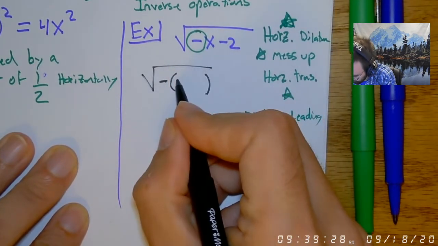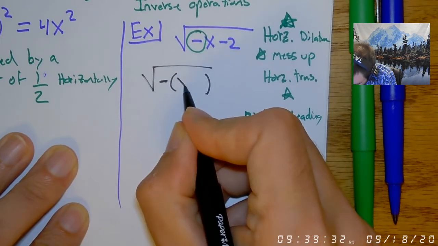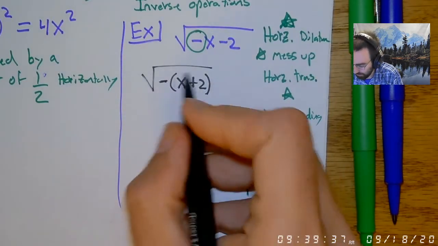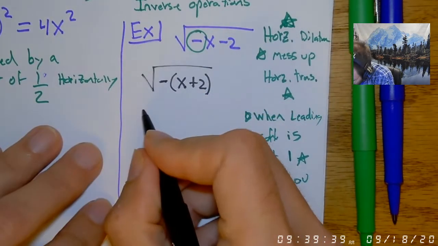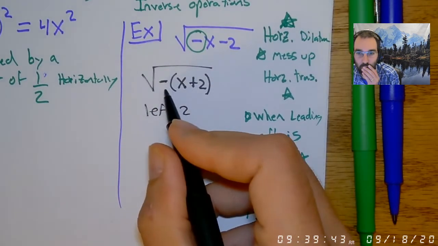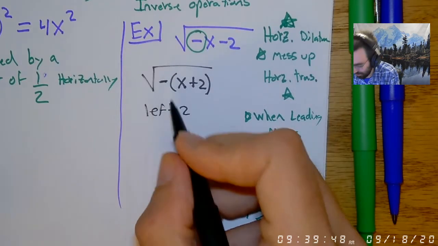So I'm going to have x, positive x, and positive 2. And it's important that we did that because now we notice we're going to be going left 2, and, spoiler, when it's a negative, it's not a dilation, it's a reflection.